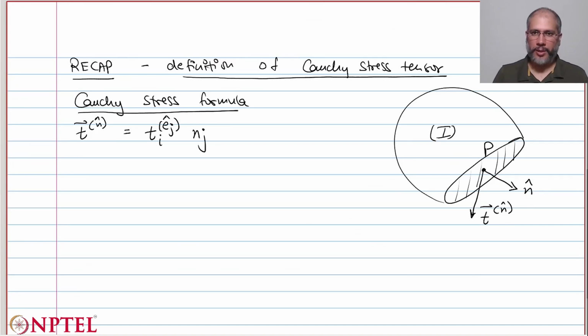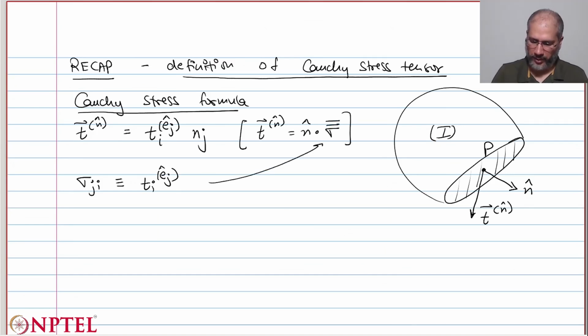And this allowed us to define the stress tensor, which was defined as sigma ji is given as Ti superscript Ej. In the symbolic notation, we can write the Cauchy stress formula simply as the vector t of n hat is n dotted with sigma, where sigma is defined like this.